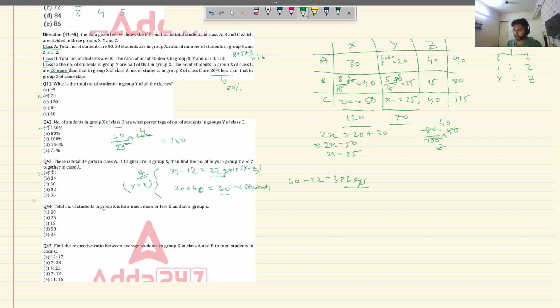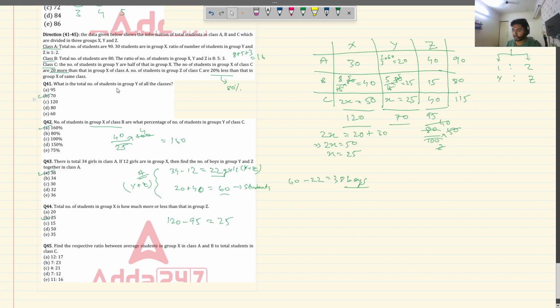How many students do we have in group Z? 40 plus 40, 80. 80 plus 15 is 95. So 120 minus 95, that is 25. 25 students are more in group X.